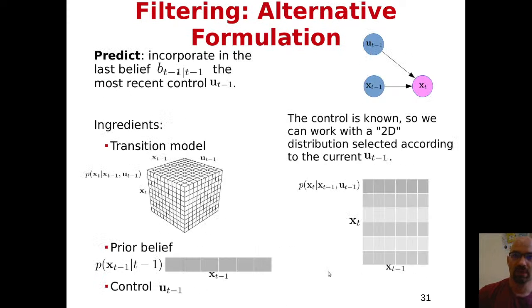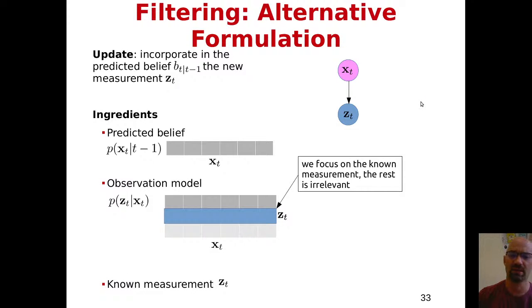Now, what we have done is to collapse all this information and then shift it towards the actual time x of t, all the previous information. But there's one aspect that we did not yet consider. And which aspect is this? Well, this aspect is the measurement, right?